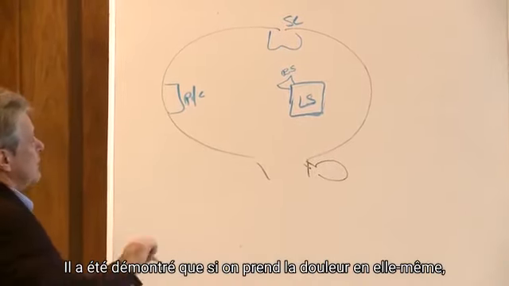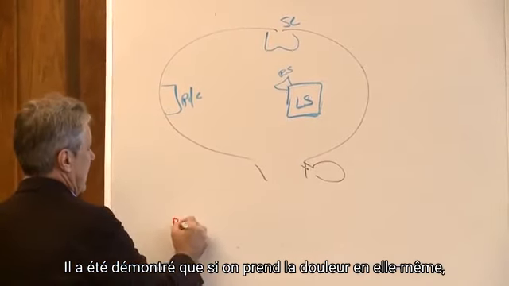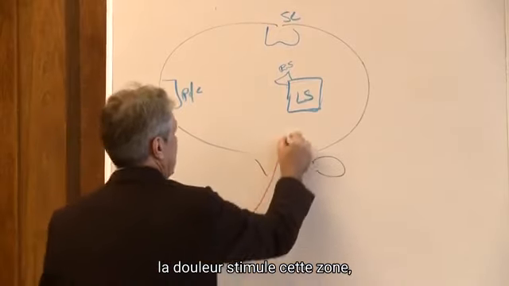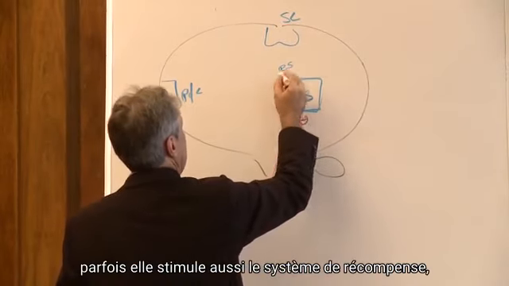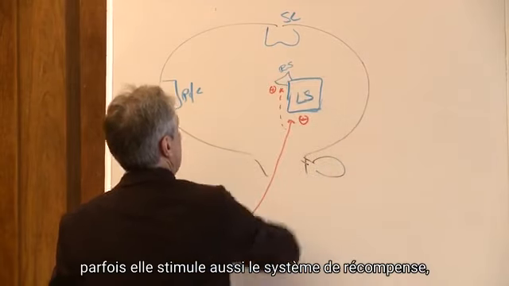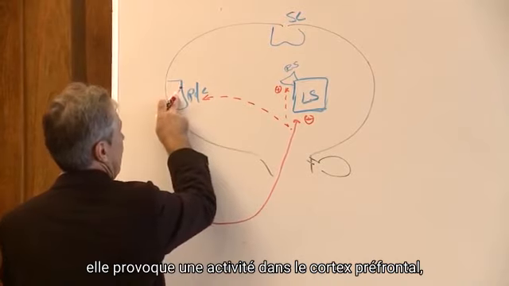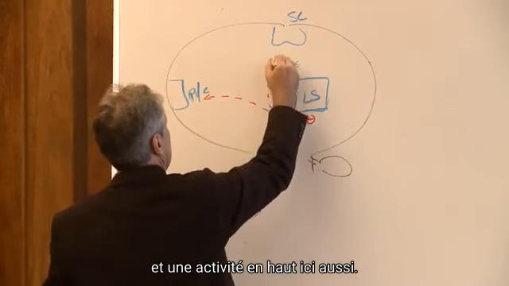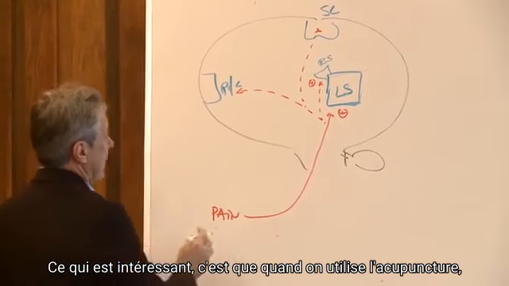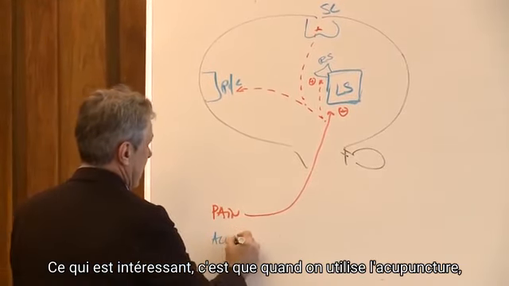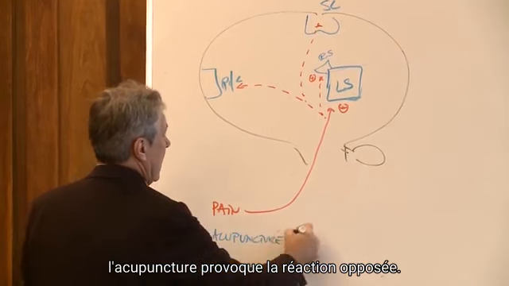It has been demonstrated that if we take pain itself, pain, as we said, did actually stimulate this area. In some cases, pain also stimulated the reward system. Pain resulted in an activity in the prefrontal cortex and also set up activity up here. Interestingly, when we do acupuncture, it is doing basically the opposite.